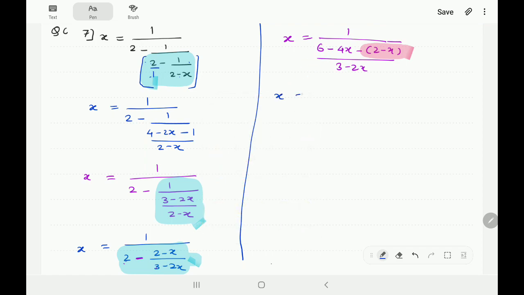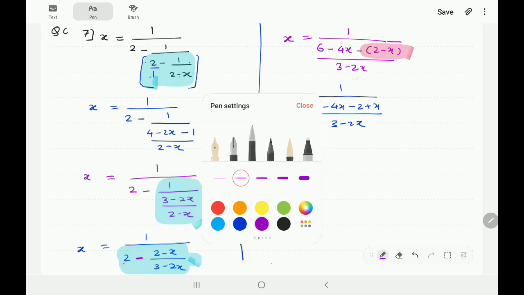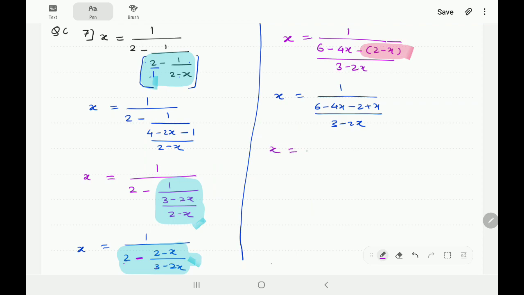So I get x is equal to, simplify it, 1 upon 6 minus 4x minus 2 plus x upon 3 minus 2x. Again I'll simplify it. x is equal to 1 upon 6 minus 2 is 4 minus 4x plus x minus 3x upon 3 minus 2x.